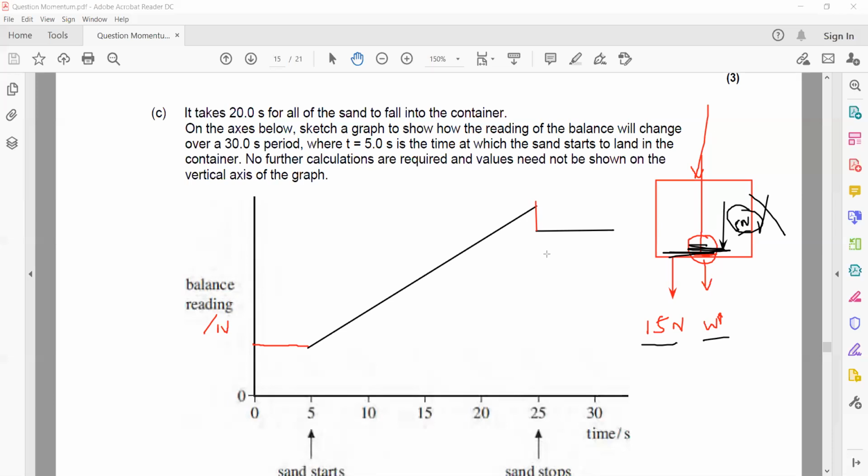But once all of the sand has been transferred, the change in momentum is not there. So that downward force is not there. That is why the downward force appears to decrease. So this was question 21, part C.